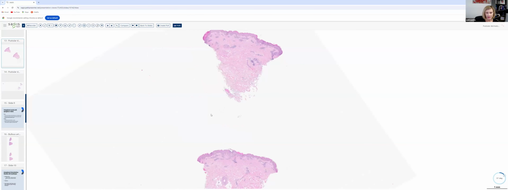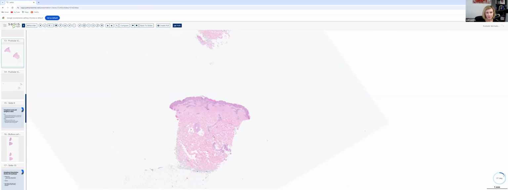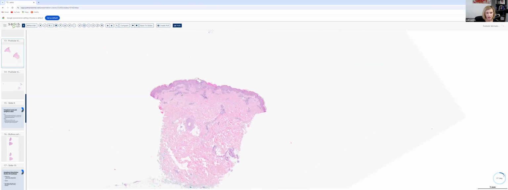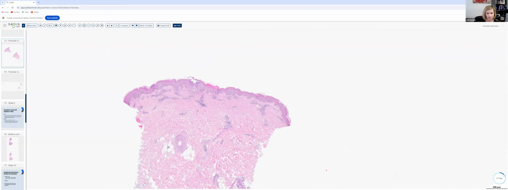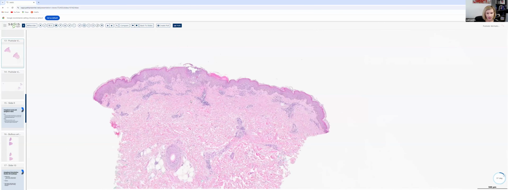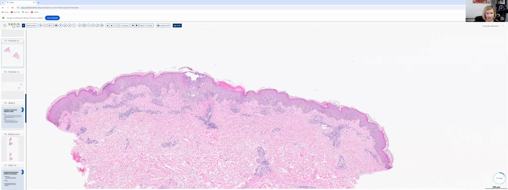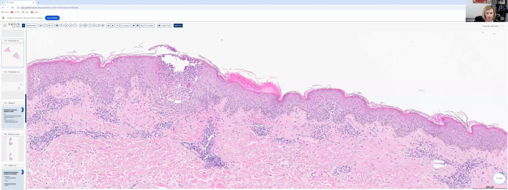And at low power, it doesn't appear as spongiotic as the previous case of AGEP, but there is a bit of mild epidermal acanthosis and possibly some areas of spongiosis as well. And as we go higher, we see a nice subcorneal to intraepidermal aggregate of neutrophils.